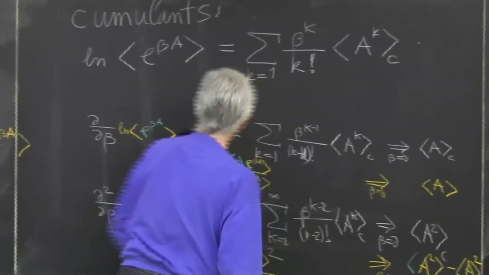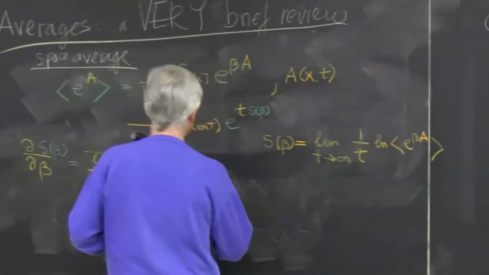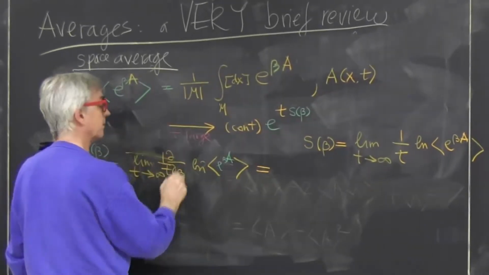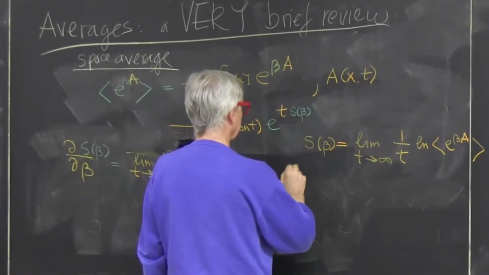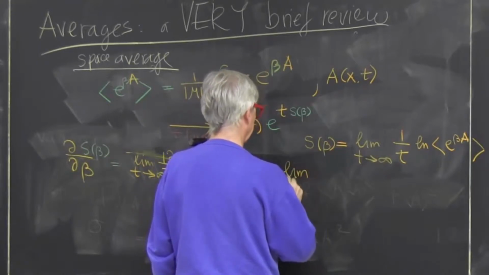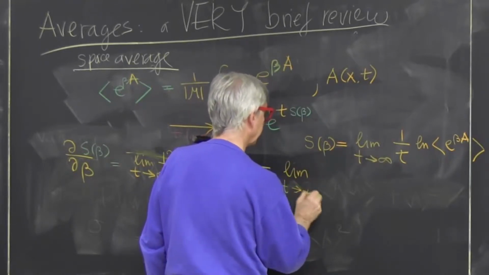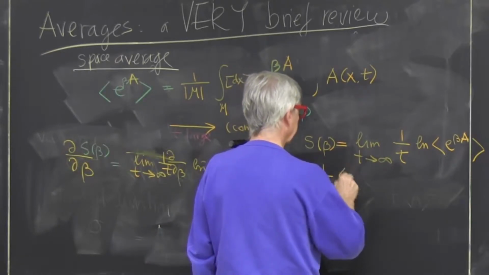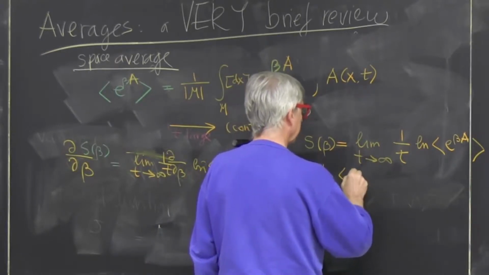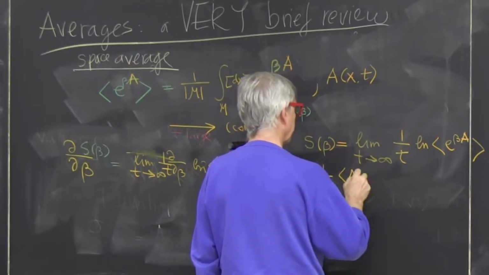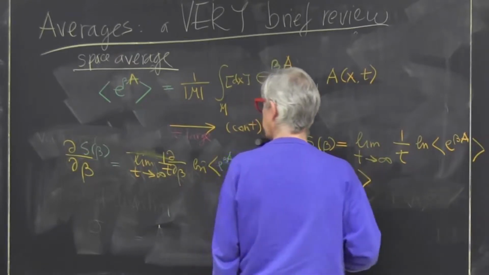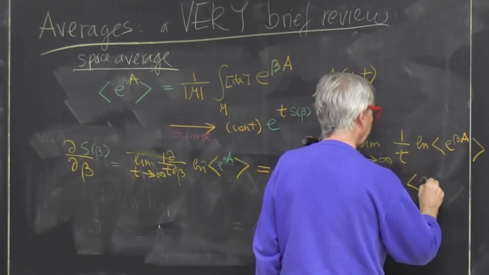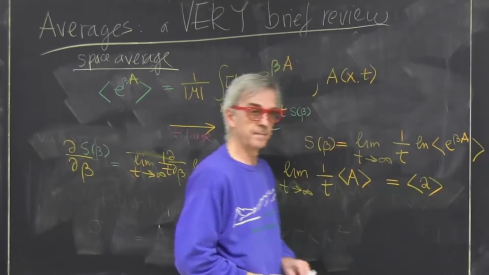That gave me this quantity here: one over t, in the limit t goes to infinity, one over t expectation value of our accumulated observable. And that is, by definition, the average of our observable.